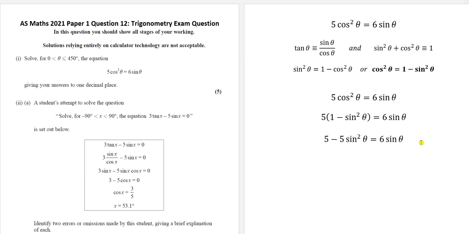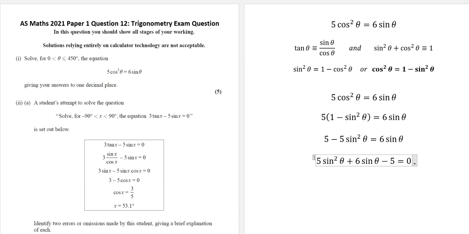It involves sine theta and powers of sine theta, which means that under the hood, this is a quadratic. We call it a quadratic in sine theta because we can write it, if I shunt everything onto the right-hand side, we have 5 sine squared theta plus 6 sine theta minus 5, and then I'll stick my 0 on the other side here.